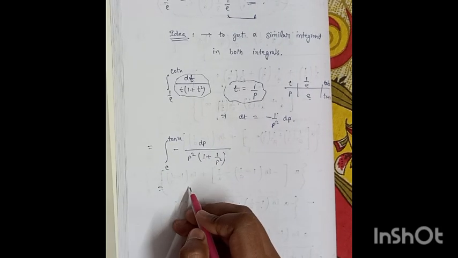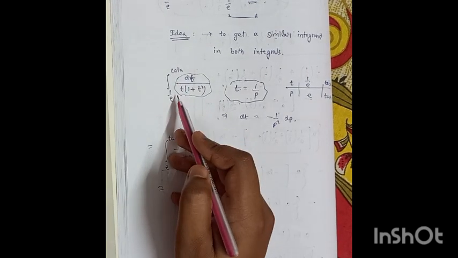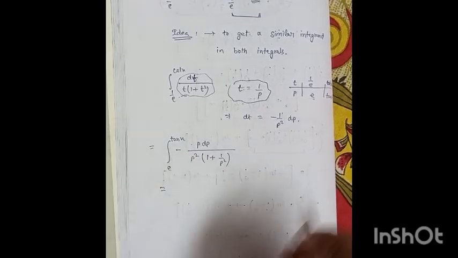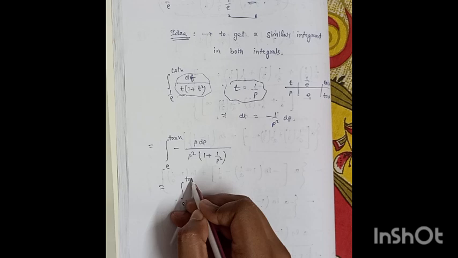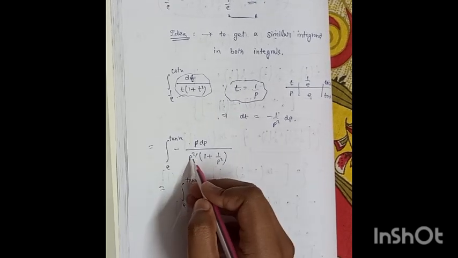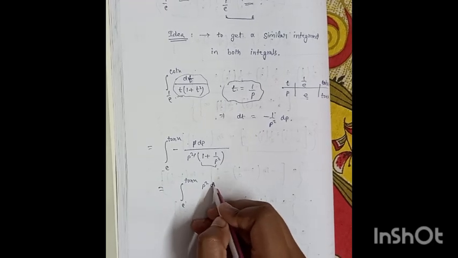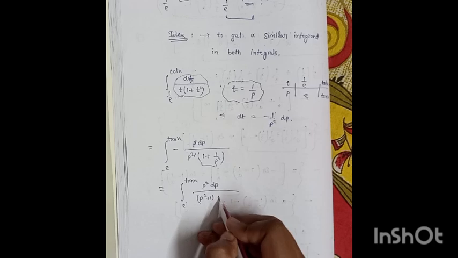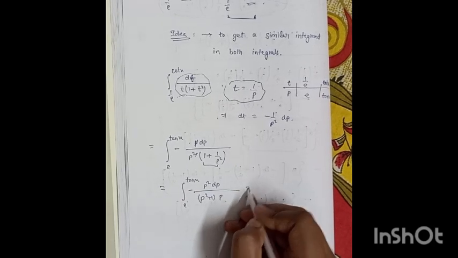And again 1 by t is here. So 1 by t is basically p, so p will be above in the numerator. So this integral becomes, p here will get cancelled, and if we simplify this, it becomes p square dp upon 1 plus p square and p in the denominator, with a negative sign.